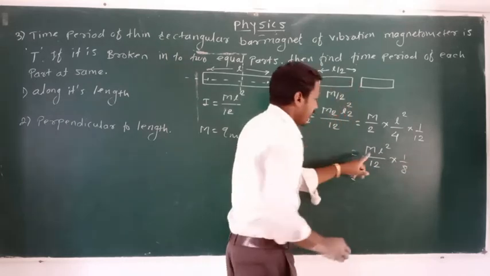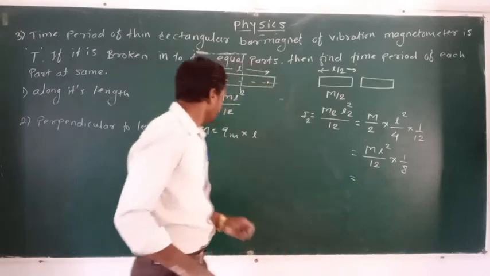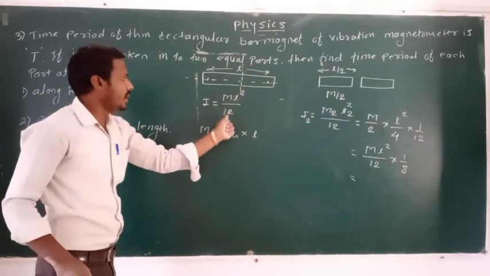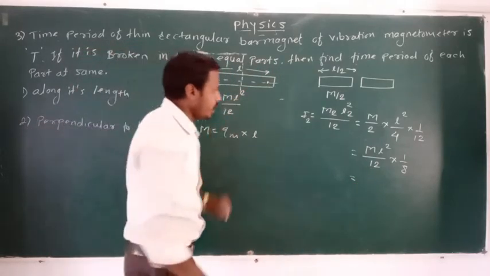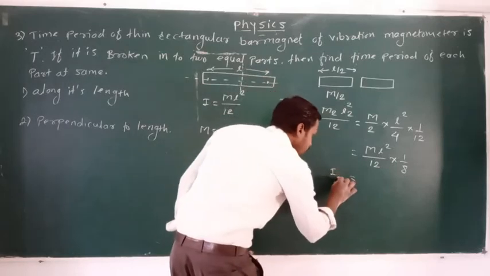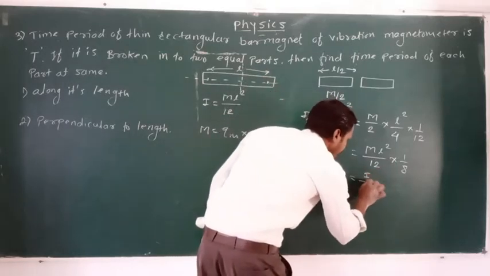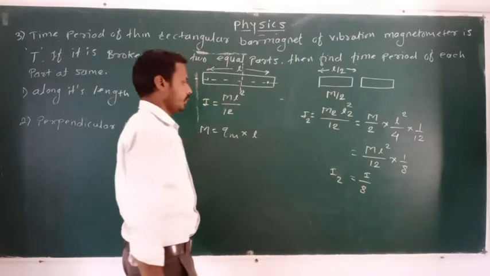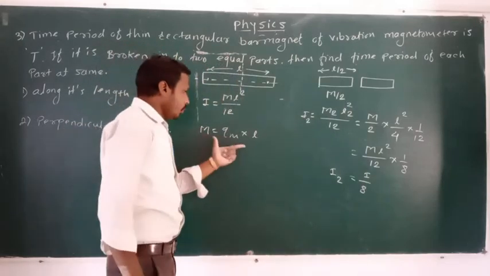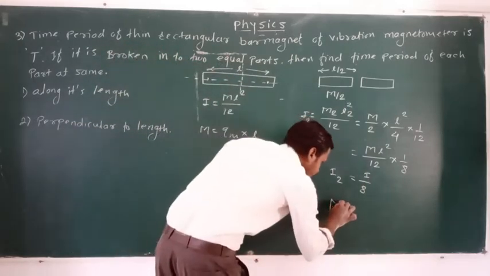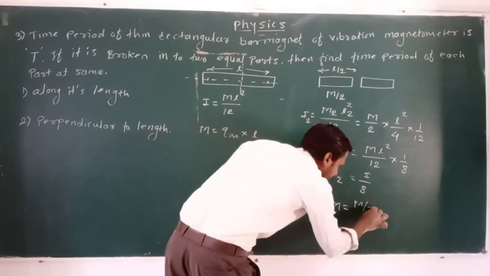That is m L square divided by 12, which is I. So I2 is equal to I divided by 8. And the dipole moment M is equal to M divided by 2.